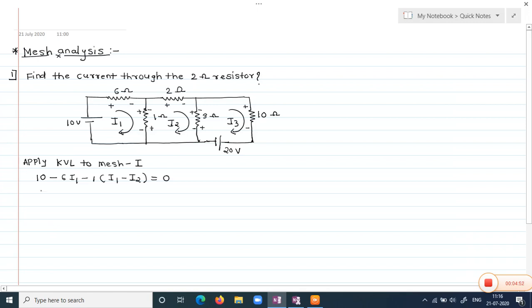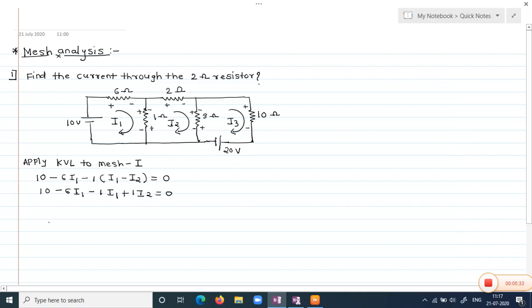Okay, you have to simplify this equation. If you simplify it, 10 minus 6 I1 minus 1 times (I1 minus I2) is equal to 0. That minus 1 you have to multiply into the bracket: minus 1 into I1, and again minus 1 into minus I2, that is minus minus plus, you will get plus 1 I2, is equal to 0.